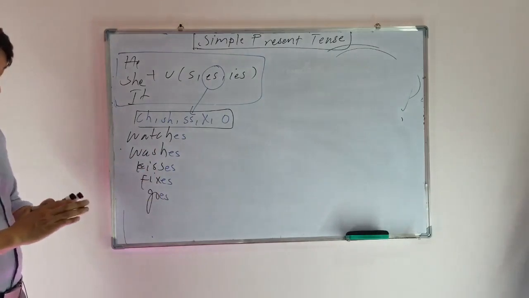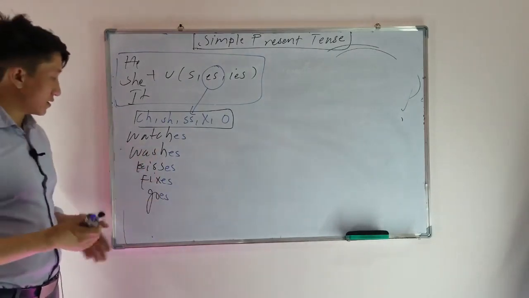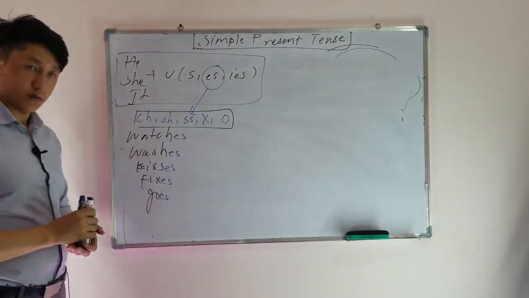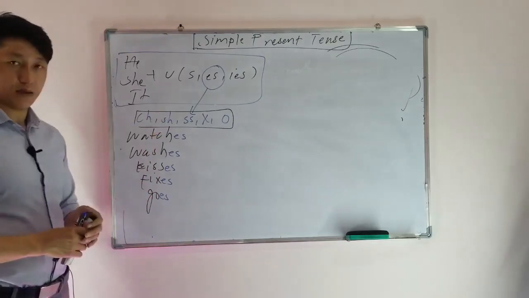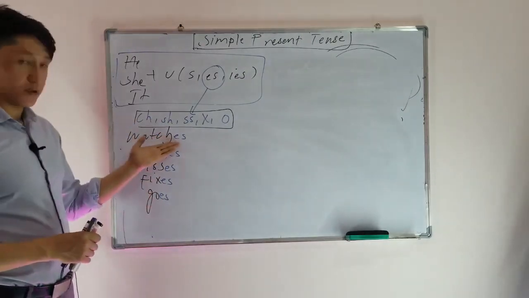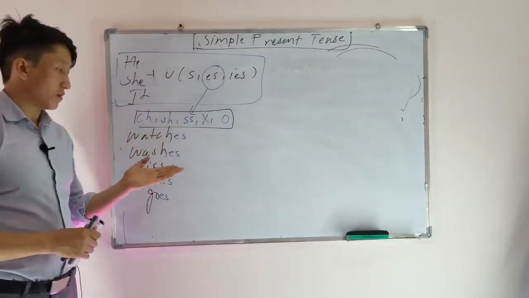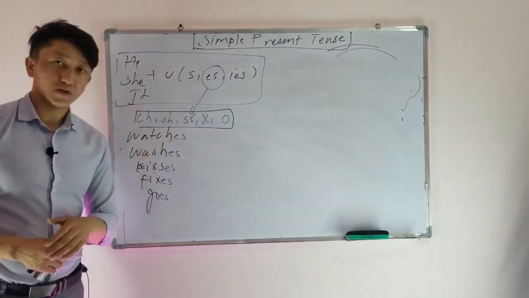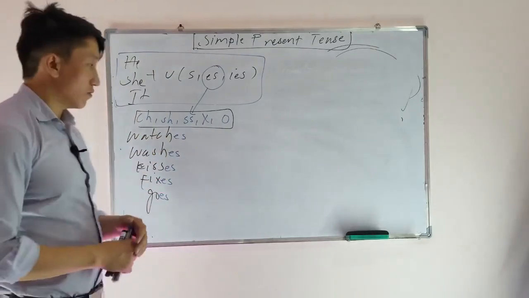Now if a verb finishes with ch, sh, double s, x, and o, we use es, and the pronunciation is iz. For example, except go, watches. We don't pronounce it watch-s. We pronounce it watches. It's not pronounced wash-s. We have to pronounce it washes.